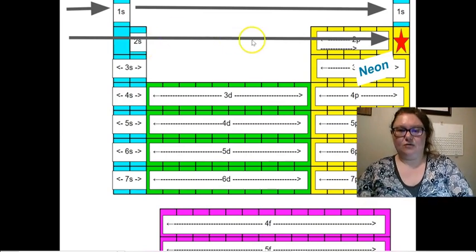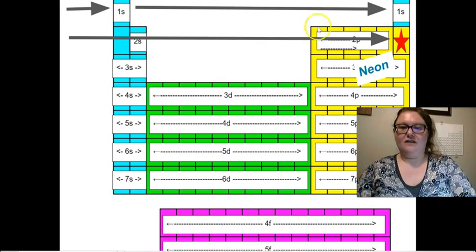I'm going to continue in this period, and I'm in the P. This is 2p1, 2p2, 2p3, 2p4, 2p5, and 2p6. We're on neon.